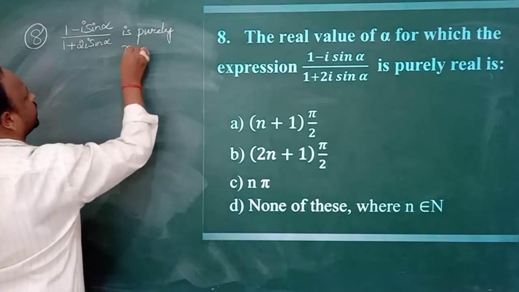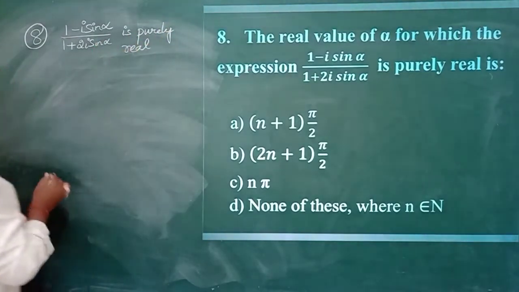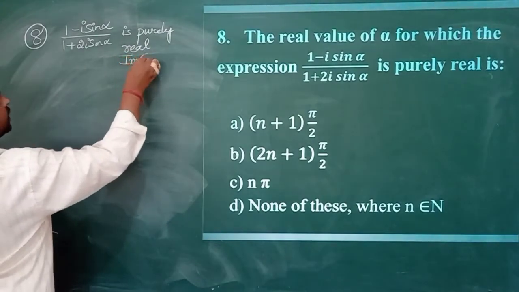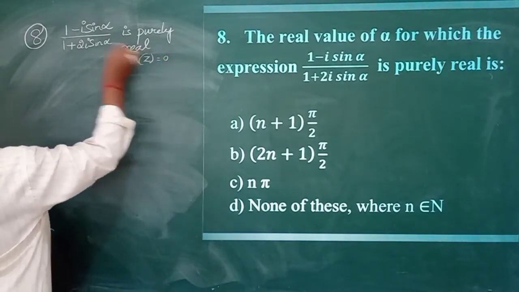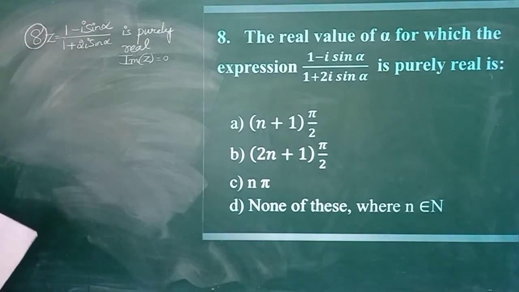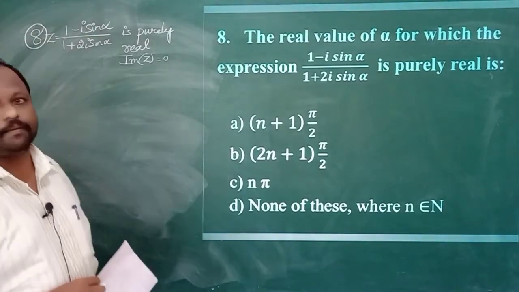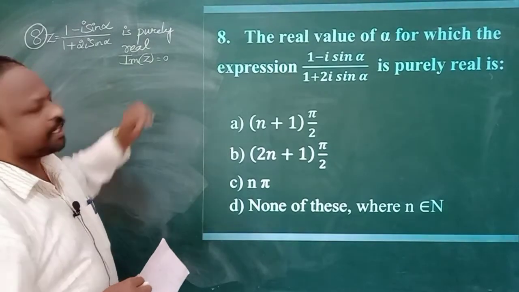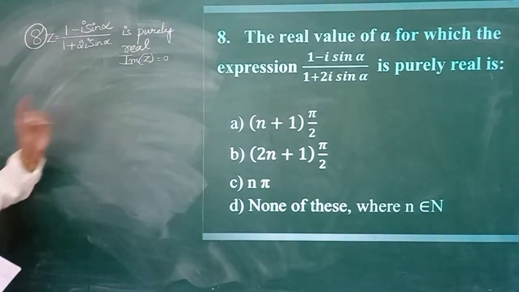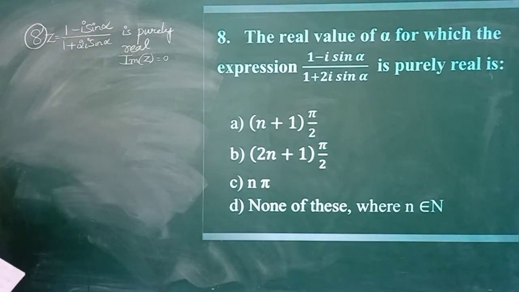Purely real is nothing but the imaginary part of z is 0. Let us take this as z. So we have to find the value of alpha such that the expression becomes purely real, that is, the imaginary part should be 0.